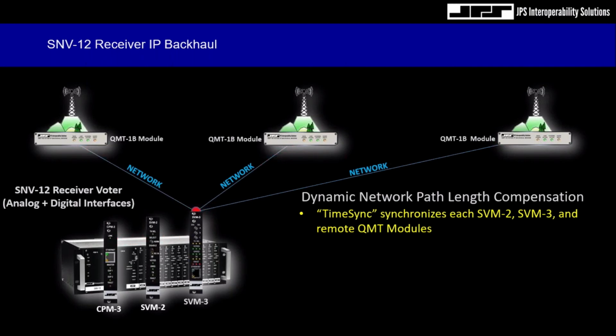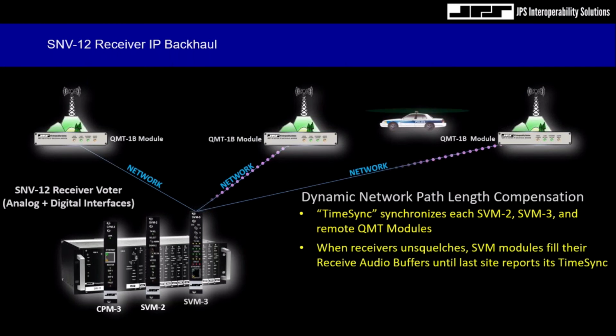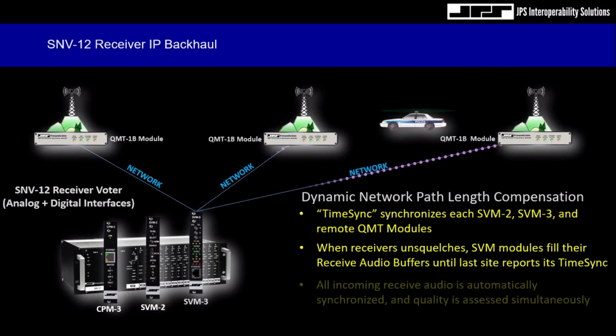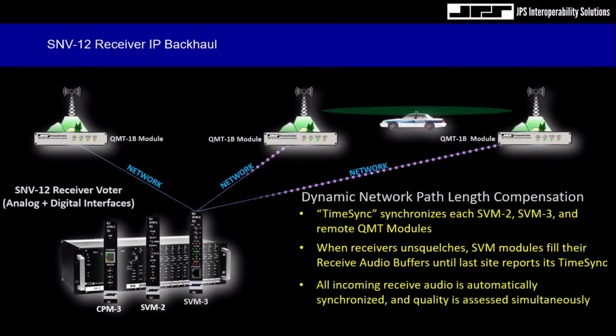The voter is continuously assessing the virtual path length of the digital links, even as the network breathes throughout the course of the day. When an unsquelched receiver event occurs, the analog SVM2 modules begin assessing their audio from their assigned receivers, and the QMT1B modules co-located with the receivers do the same, all capturing the FM spectral noise of their respective receivers.